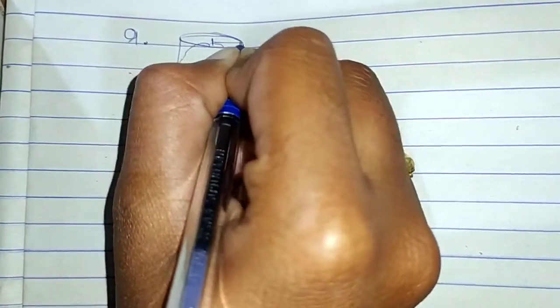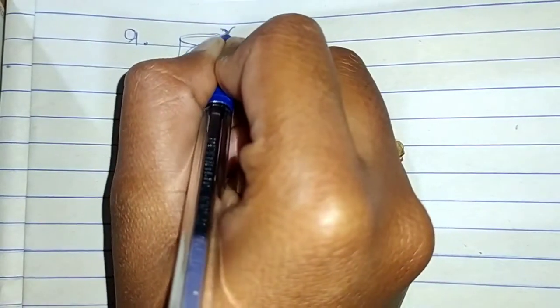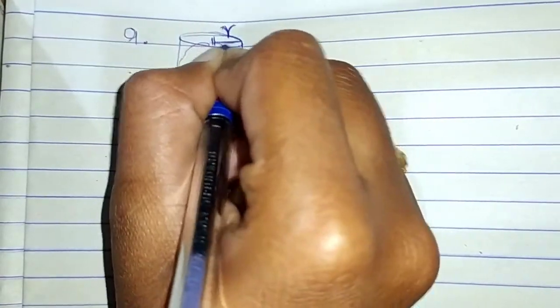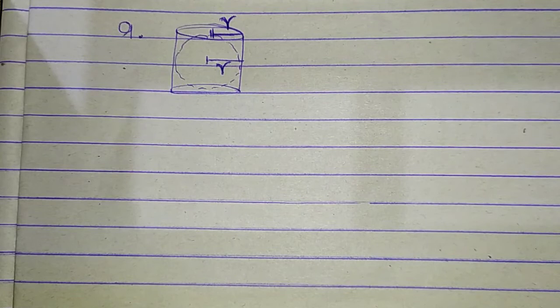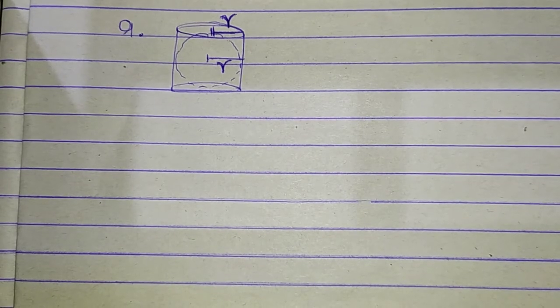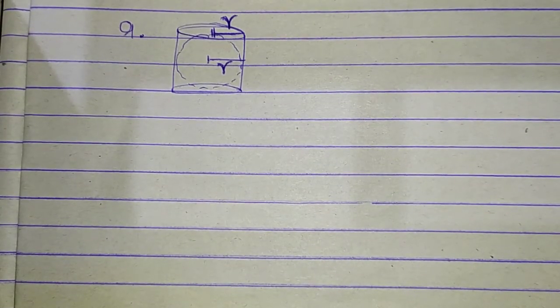So this is the sphere of radius r, and this is the cylinder whose radius is also r. Find the surface area of the sphere, find the curved surface area of the cylinder, and also the ratio of both the areas.